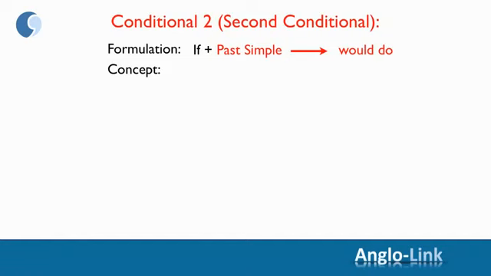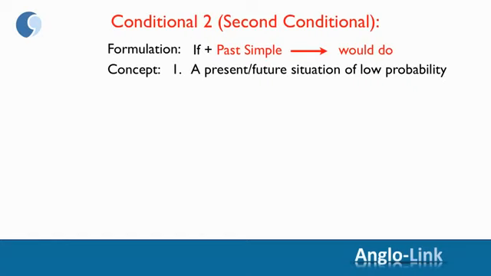Okay, moving on to second conditional. Let me remind you of the formulation. It was if plus past simple, would do. Now, the concept of the second conditional is to do with either a present or future situation of low probability or zero probability, a hypothesis, an unreal situation.